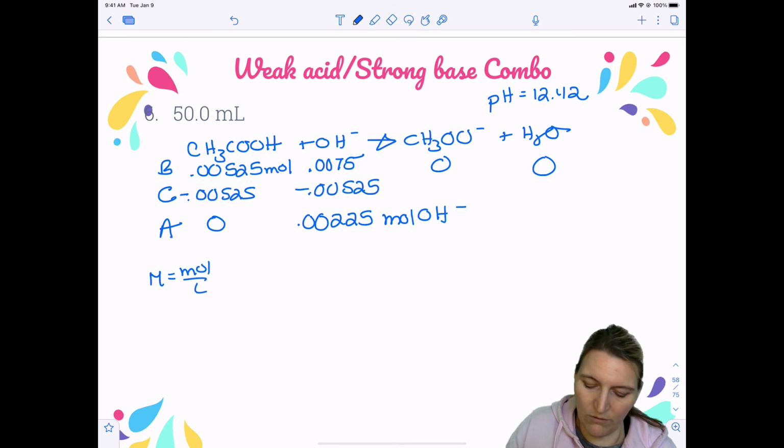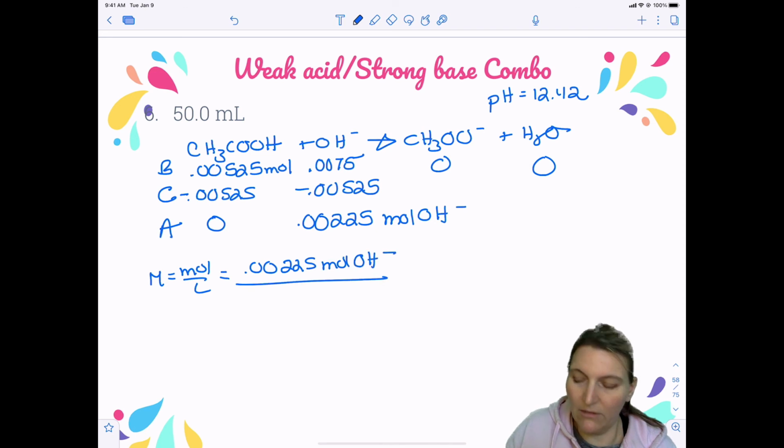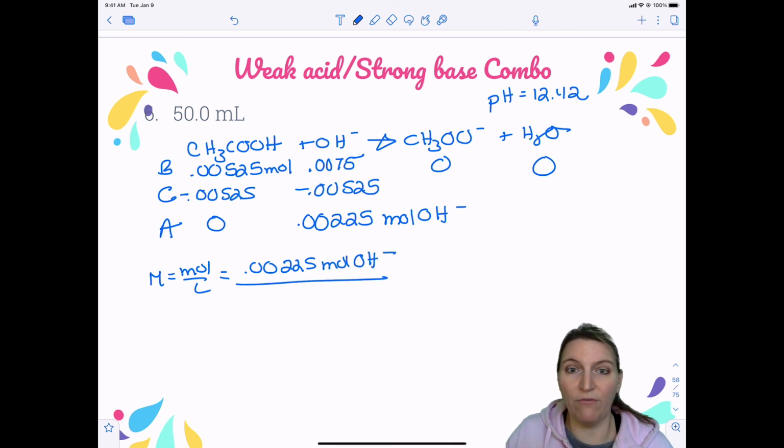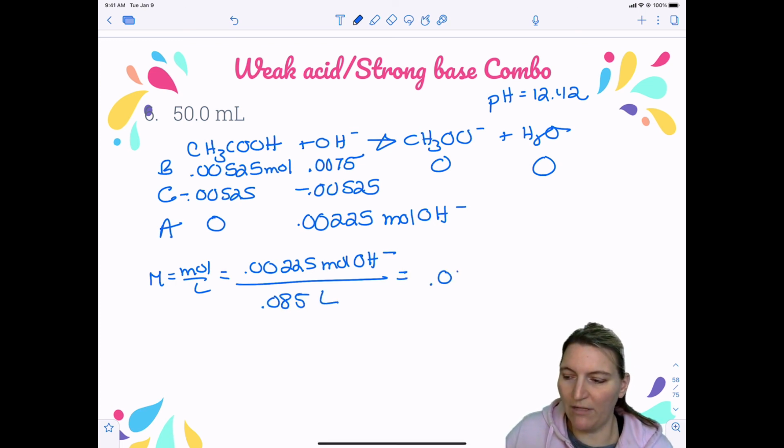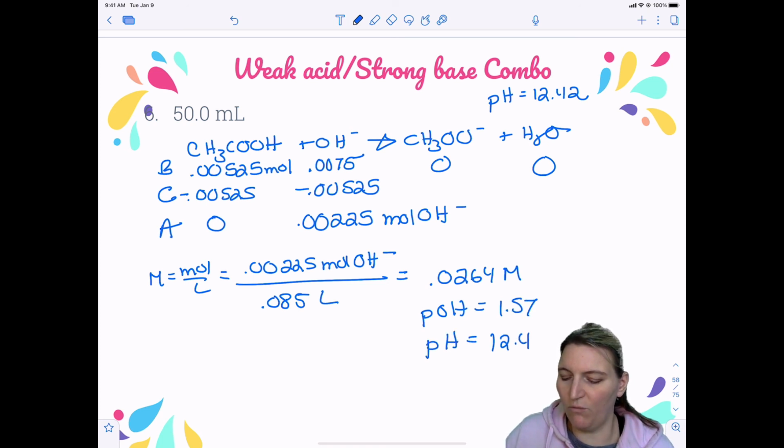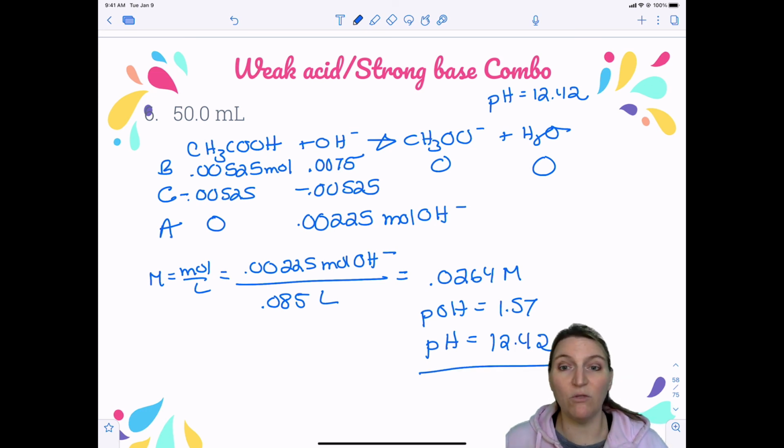Molarity equals moles over liters, 0.00225 moles of OH minus divided by our total volume, 35 plus 50 is 0.085 liters. The molarity of the OH minus is 0.0264, which means the pOH is 1.57, and the pH is, as expected, 12.42. Very high, because we are well past the equivalence point.